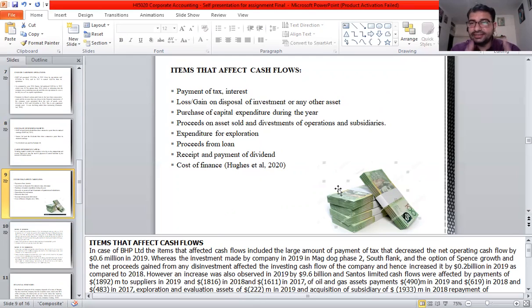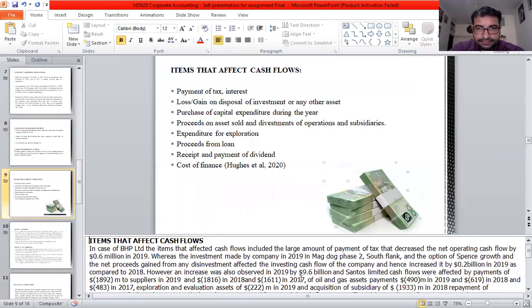So these are all the general things that affect the cash flow. Let's look at what actually affected the cash flows.